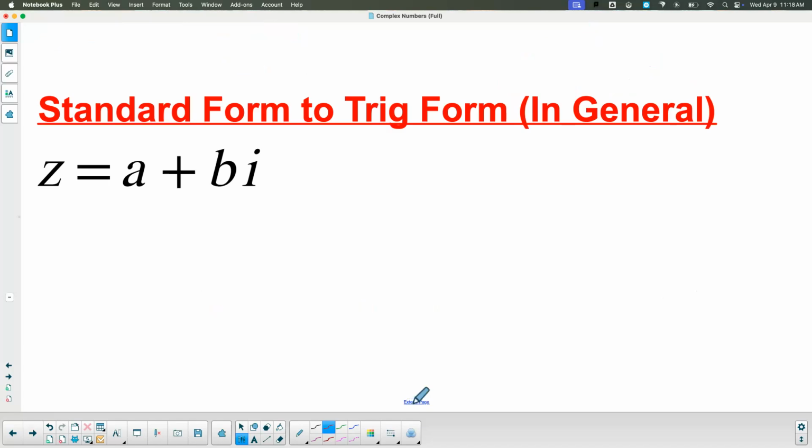So if my standard complex number is a plus bi, and we just said that z is equal to a from up above, a was r cosine of theta, and b from up above was r sine of theta.